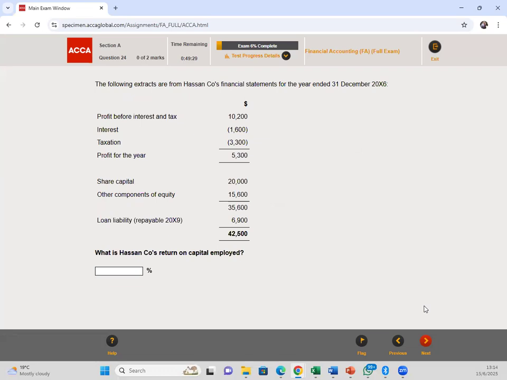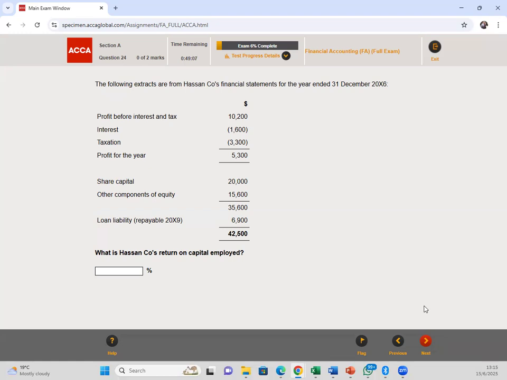What is the return on capital employed? Those are ratios now. So the formula for return on capital employed is profit before tax and interest divided by the capital employed.